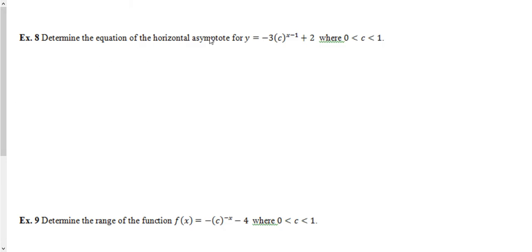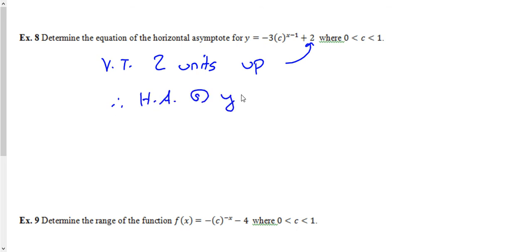Because both graphs are curving away at 2, we know our horizontal asymptote is at 2. So we can say, because we have a vertical translation 2 units up, because that's this one here, therefore our horizontal asymptote will be at y equals positive 2.